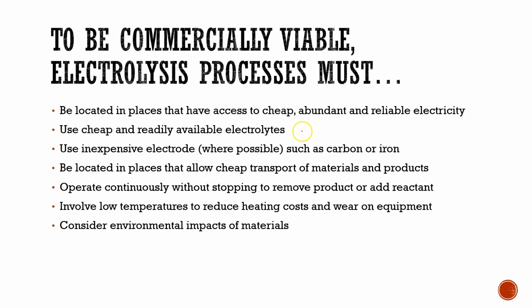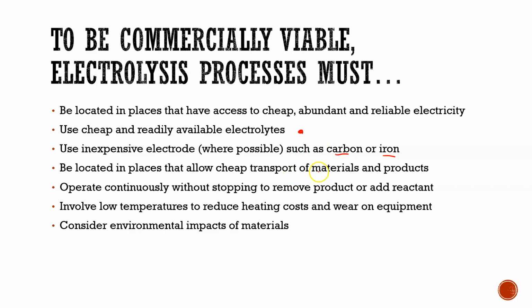The electrolytes should be cheap and readily available. There's no point having an expensive electrolyte to then go through an expensive process to get our chemicals if it can be avoided. The electrodes should be inexpensive where possible. So primarily we want to be using things like carbon or iron electrodes, avoiding things like platinum, which are very costly. They want to be located in places to allow cheap transport of materials and products.